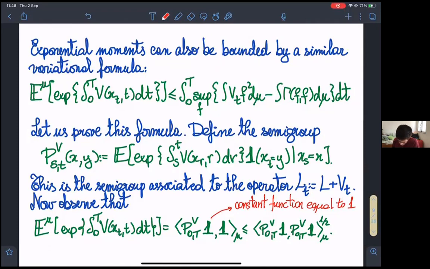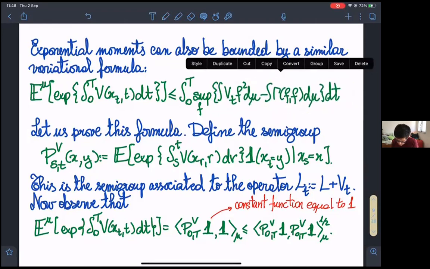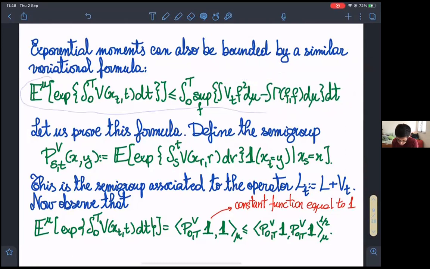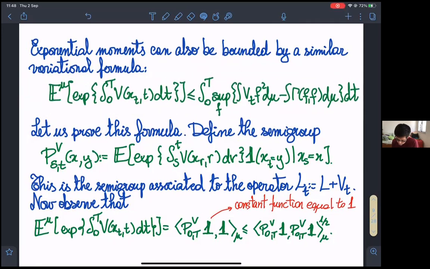Let me see if I can make room for that. I forgot a log in front of this.